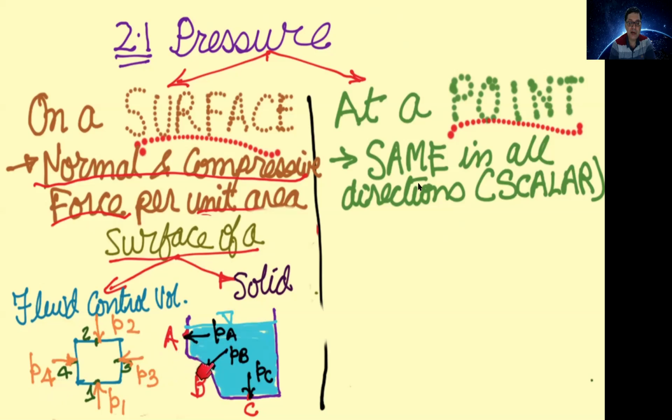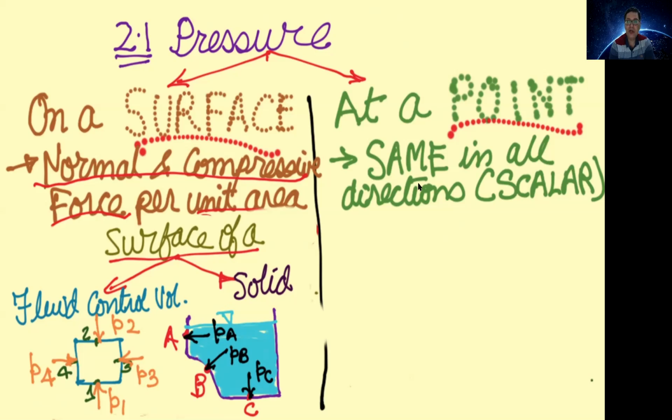So this is a representation of pressure on a solid surface, and this is the representation of pressure within a fluid region, represented here by a fluid control volume. Here the direction of pressure on a surface is represented for a stationary fluid, but note that this is also applicable for fluid in motion, which will be discussed in later topics.